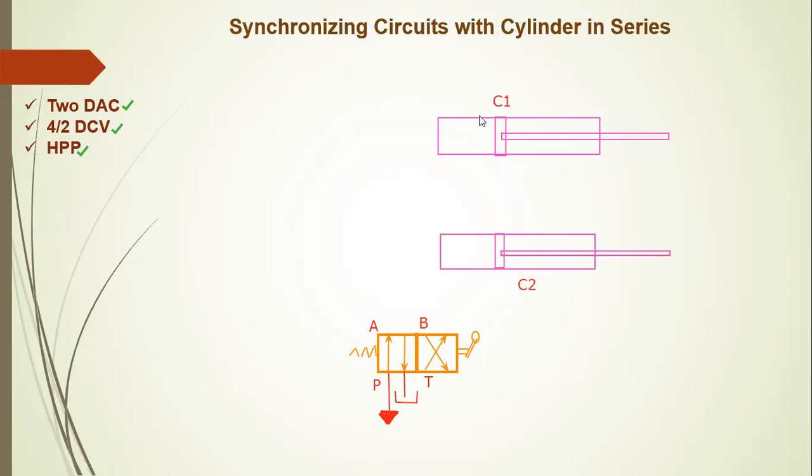Let's start to connect all the components. First the hydraulic line passes from the hydraulic power pack to the direction control valve, and from the direction control valve the oil passes to the first cylinder.